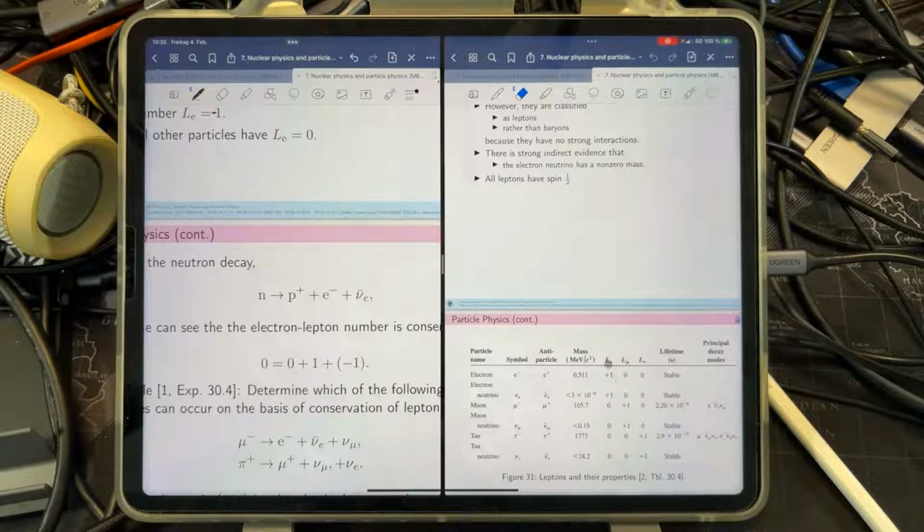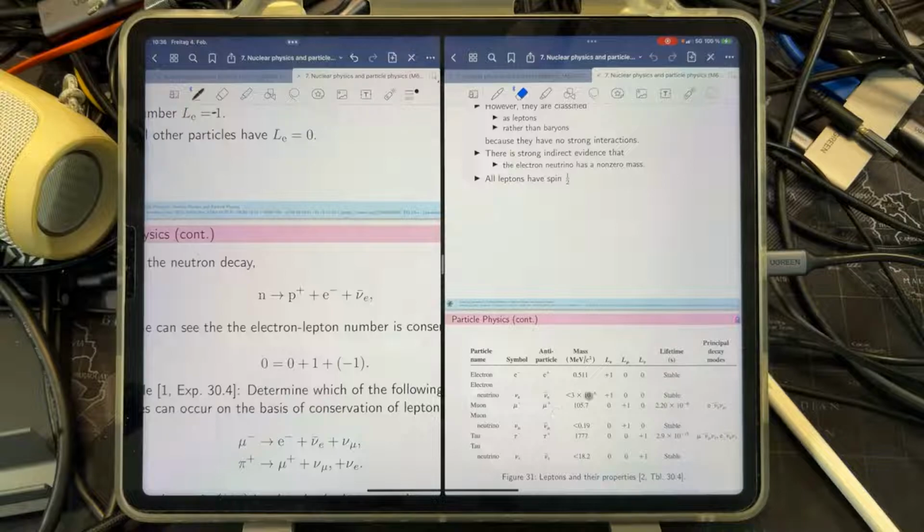Any particle apart from electron and electron neutrino, positron and electron antineutrino would have some value for electron-lepton number. The rest will not have electron-lepton number at all. Proton also doesn't have any value for electron-lepton number, 0 here. Electron would have plus 1 electron-lepton number, so we write down here plus 1.